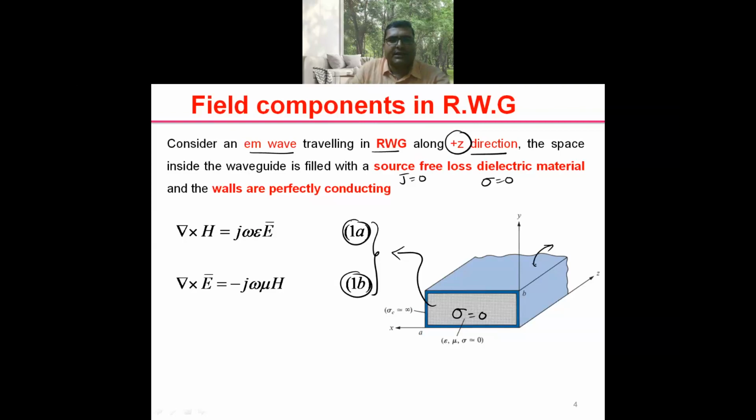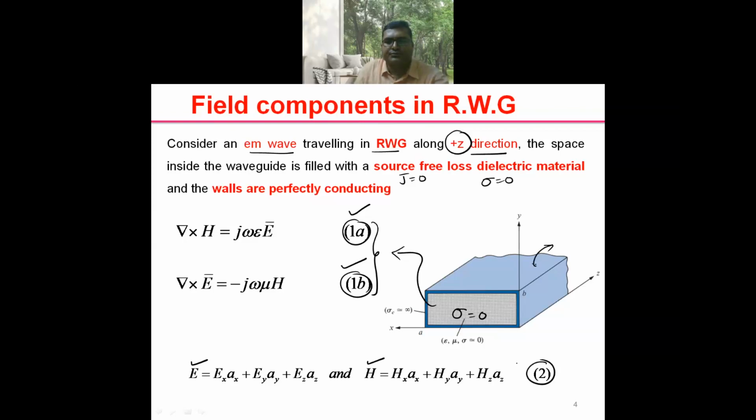The two equations 1a and 1b play a key role in deriving the field components for rectangular waveguide. Here, the E field component and H field component are given in equation 2.